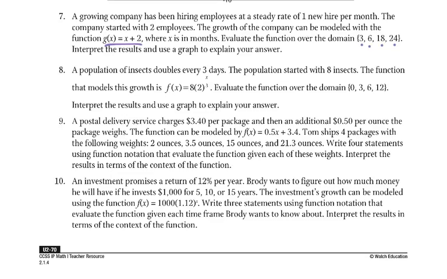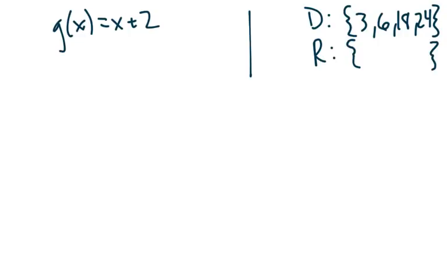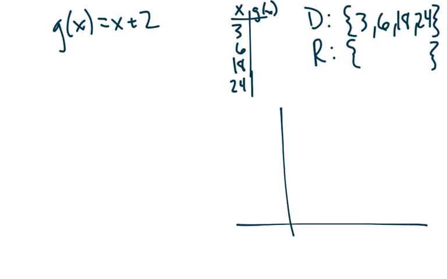So we've got g of x equals x plus 2. We've got our domain, which is 3, 6, 18, 24. They want us to evaluate it to find our range. In other words, x and g of x, so we've got 3, 6, 18, and 24. And then they want us to talk about it as a graph, right? Maybe I need to make my graph a little bigger, huh? Because we're going clear up to 24 on our x.